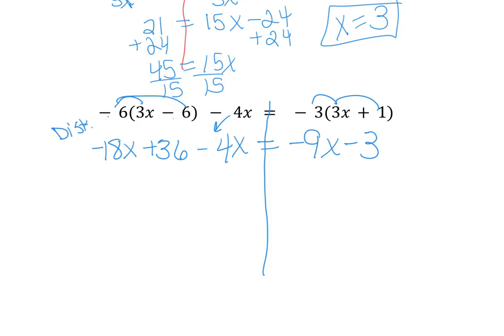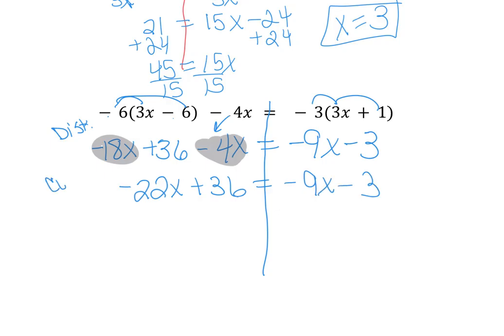Now, as we look on the left-hand side of the equation, if you notice, we've got some x's that we can put together on the same side. These are not opposite operations because we're not moving anything from the left to the right. They're on the same side, so they are just combining like terms. So we would have negative 18 and negative 4 would be negative 22x, and then everything else is just going to come down as it was before.